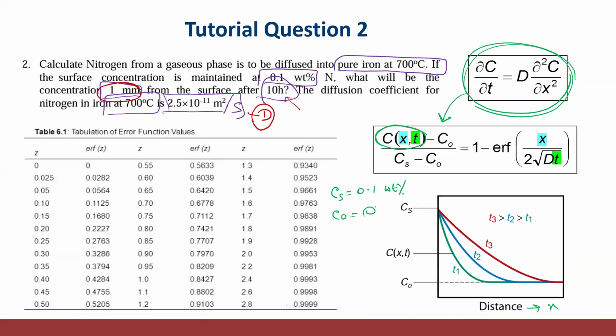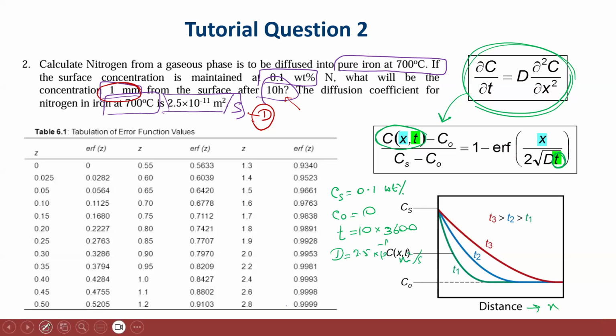And what else do we know? How about the time? Time is 10 hours. We need to make it to seconds. So 10 times 60 times 60, which is 3,600. What else do we know? We know the D, which is 2.5 times 10 to the negative 11 meter squared per second. That's all we know.